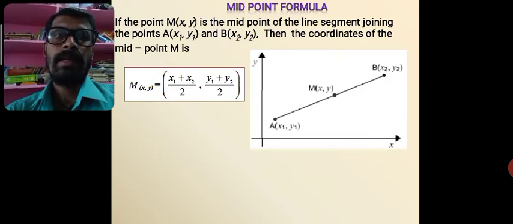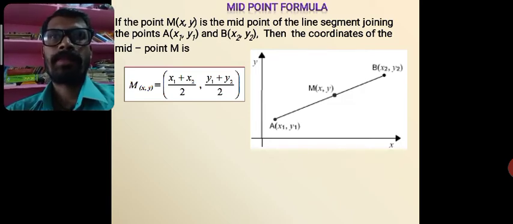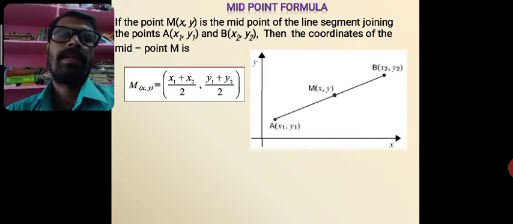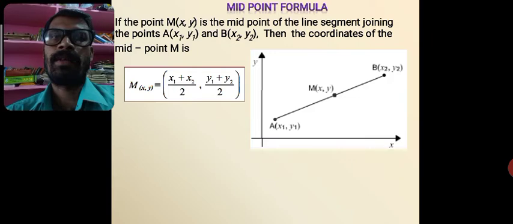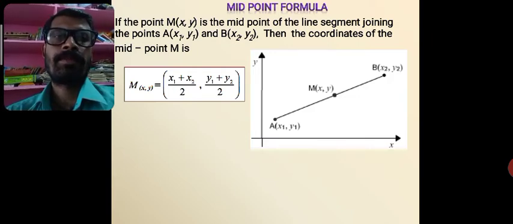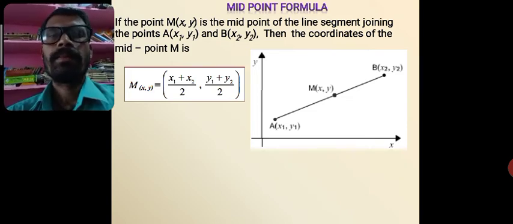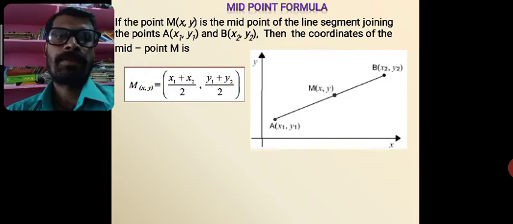If we substitute m1 and m2 as 1 and 1 in the section formula, we get the midpoint formula here. If you substitute m1 is equal to 1, m2 is equal to 1, we get x1 plus x2 by 2, y1 plus y2 by 2. This is called the midpoint formula.